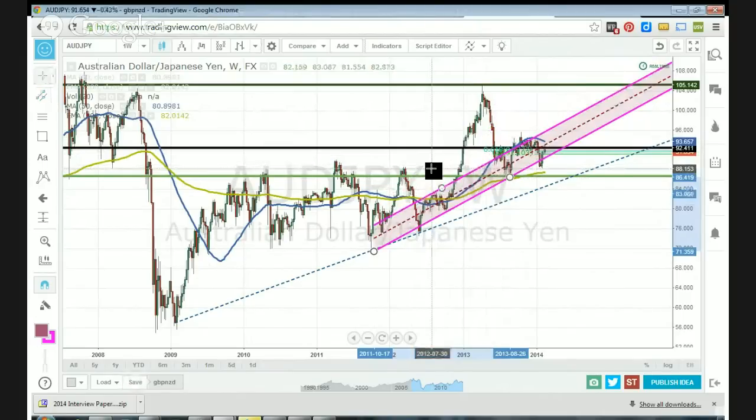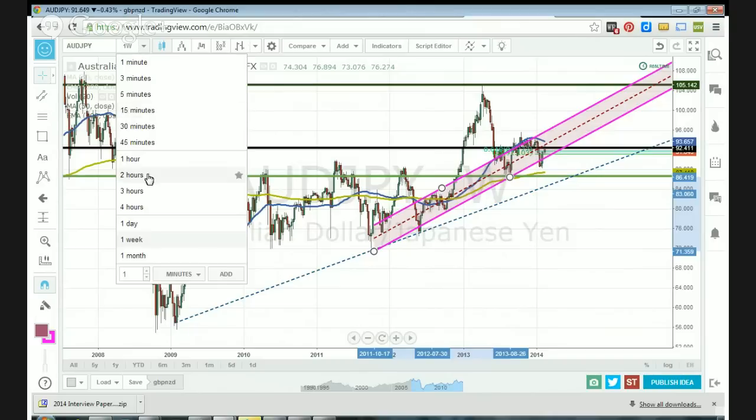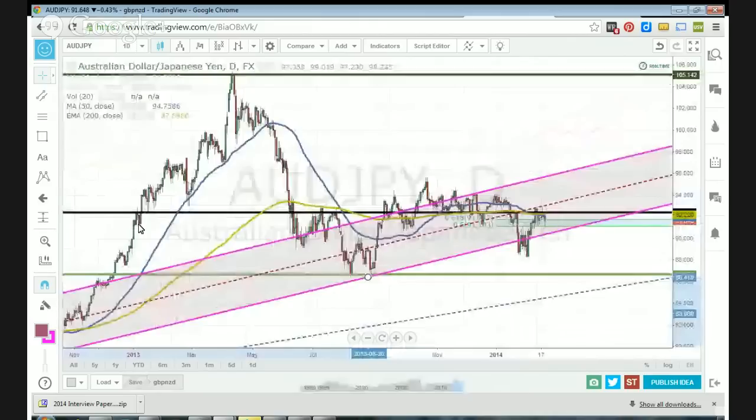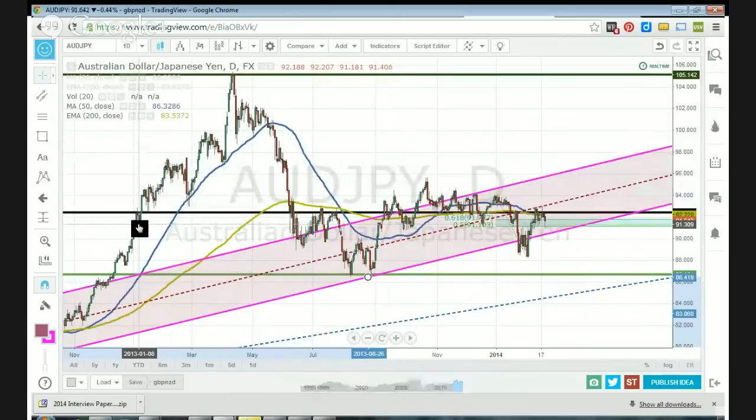Okay, so just trying to get an idea. To me, it still looks more bullish than bearish. This is the weekly chart we're looking at. If we look at the daily chart, it looks a little more bearish. All right, this channel is getting in the way. Let me delete that.